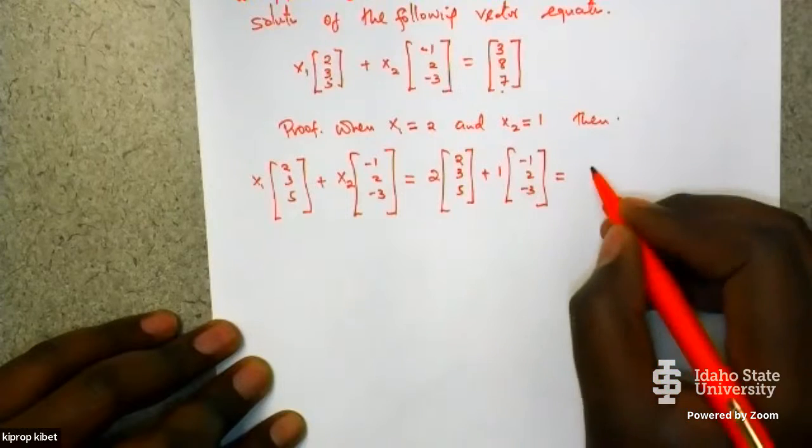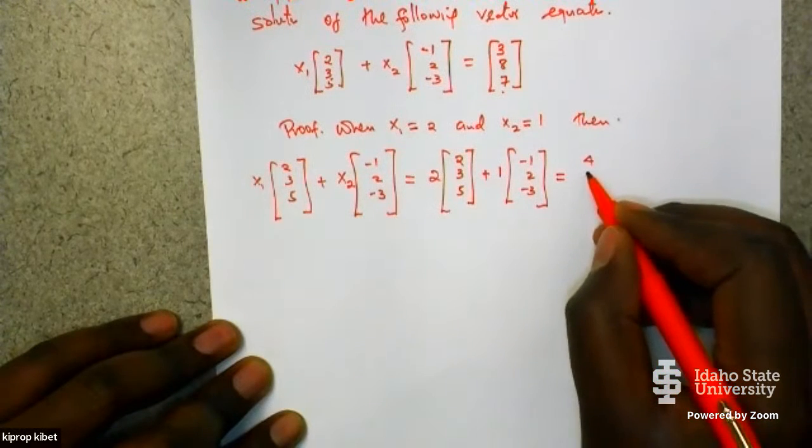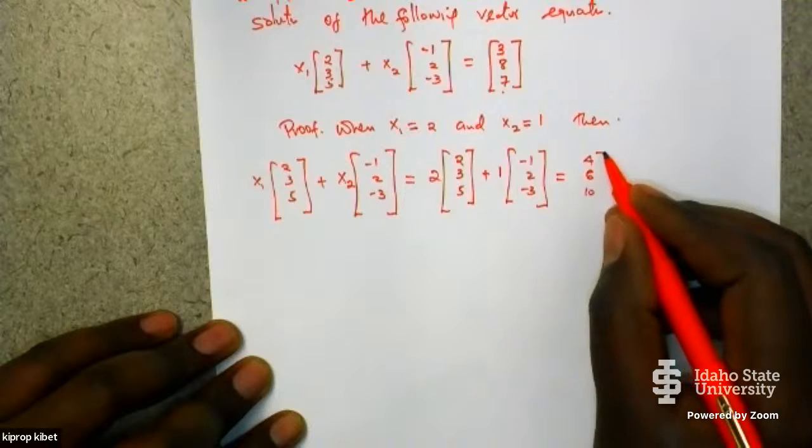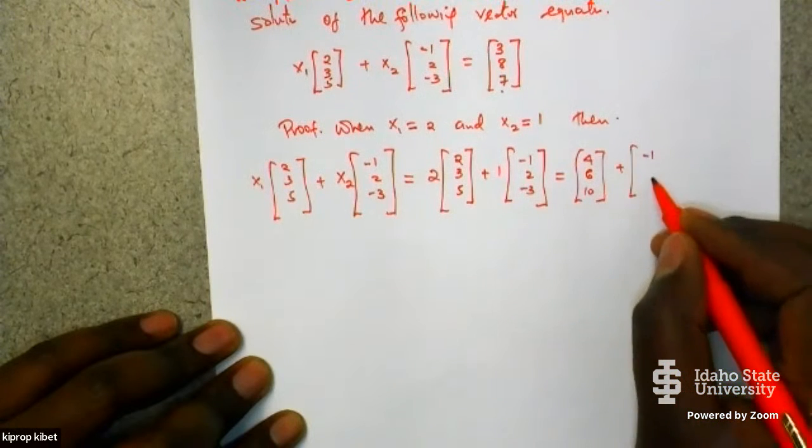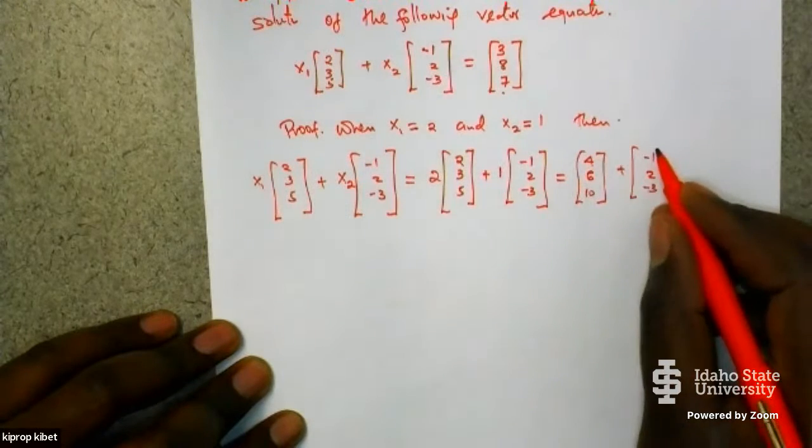This equals (4, 6, 10) plus (-1, 2, -3).